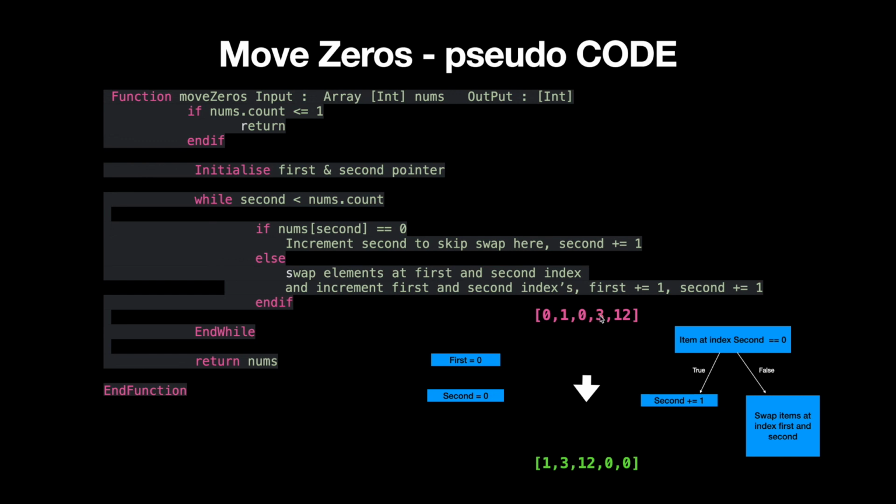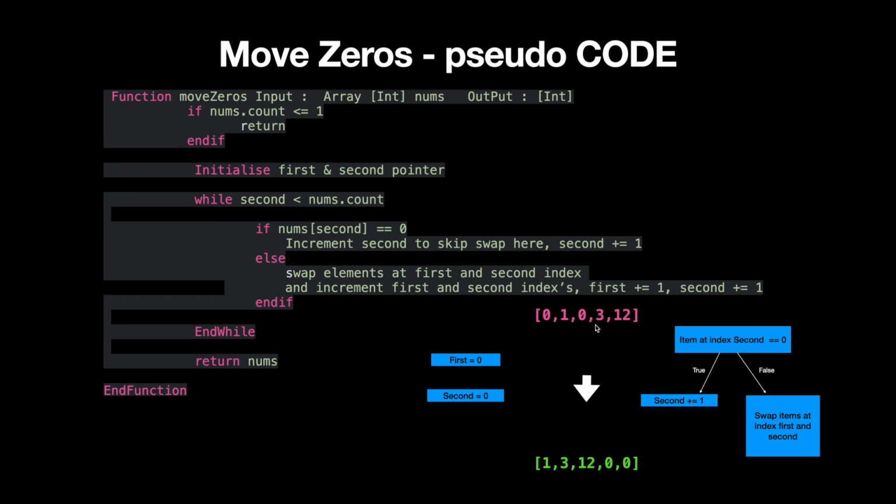So now second will become index 3, counting 0, 1, 2, 3, and first would be at index 1 only. At index 1 we have 0, remember we had swapped it, right? So at index 1 we have 0 and at index 3 we have 3. So we'll swap again, so 0 will come here and 3 will come here.